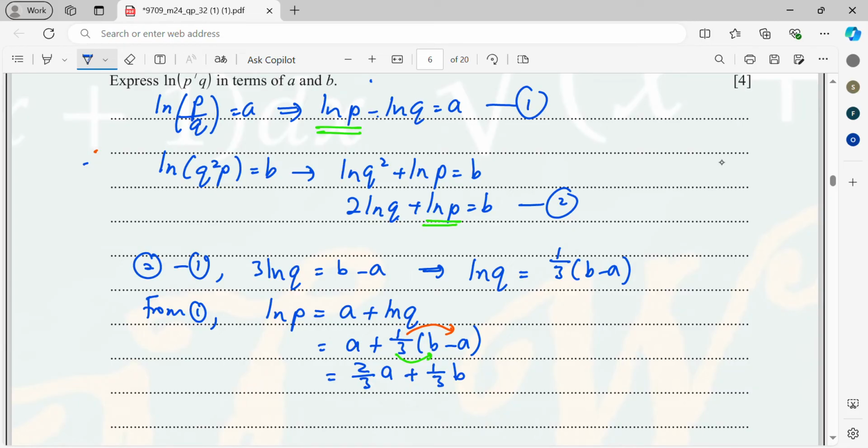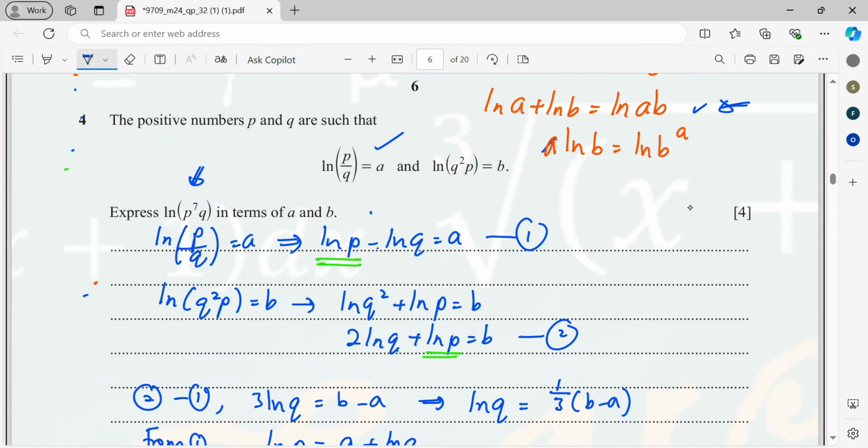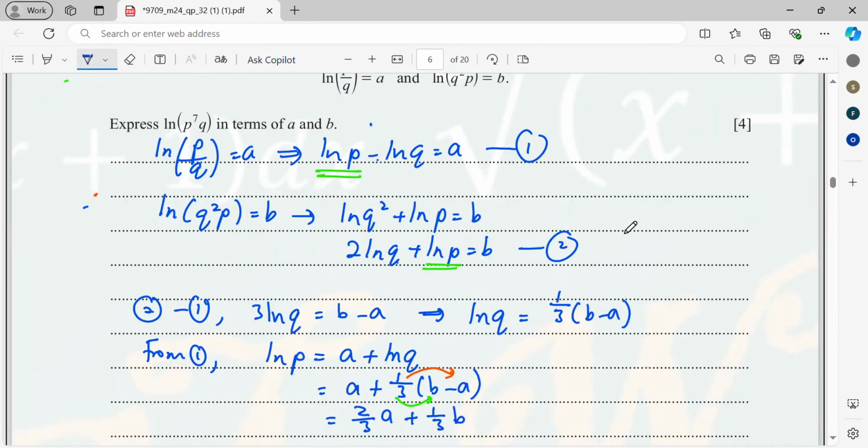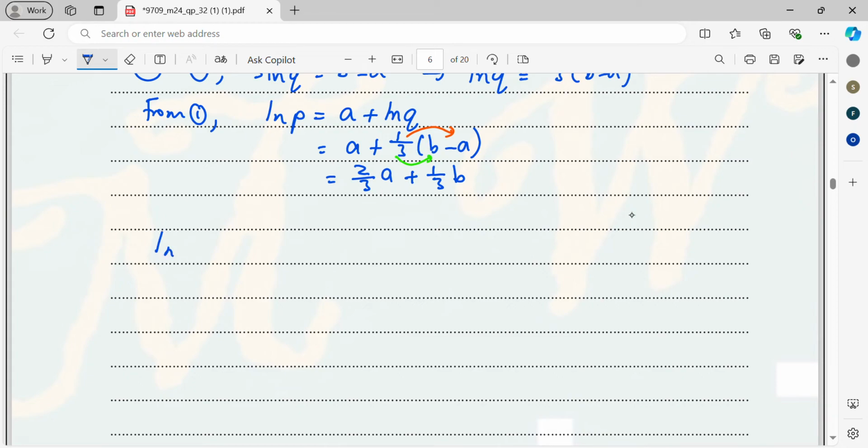Then now from here, I will refer to the term ln(p⁷q). So ln(p⁷q) is going to be ln p⁷ plus ln q.